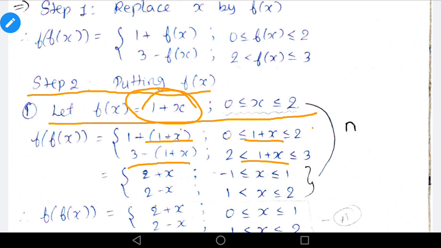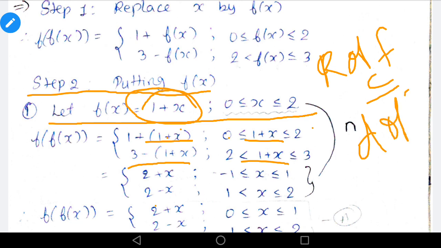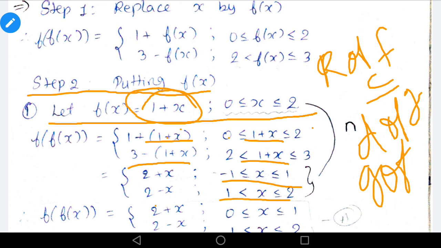Now what was the second statement? We saw that the range of f should be a subset of or equal to the domain of g if we are finding g of f, but here it is f of f, so the range of this should be a subset of or equal to this. So what we got, these are the ranges.